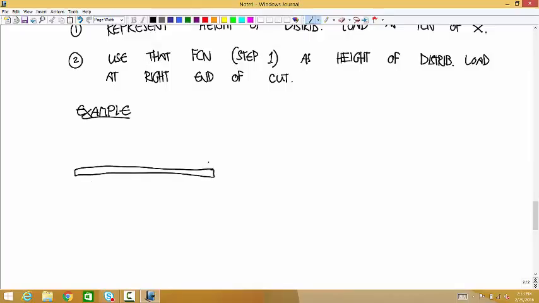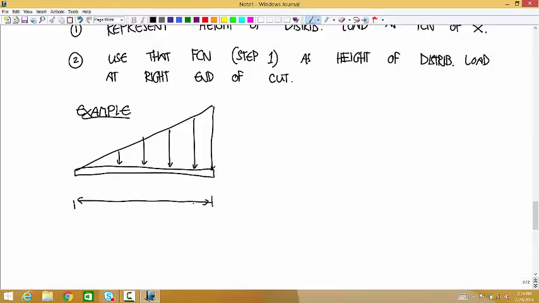Okay, so we have a beam here. Okay, so let's say that this is 2 meters long. And let's say that this is 4,000 newtons per meter. And let's say that we already know these. It turns out when we do the cuts, these won't affect anything anyways.